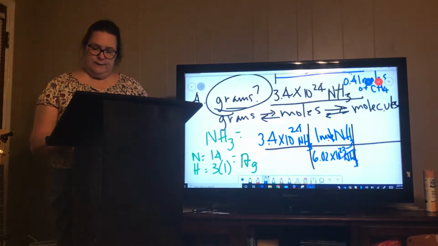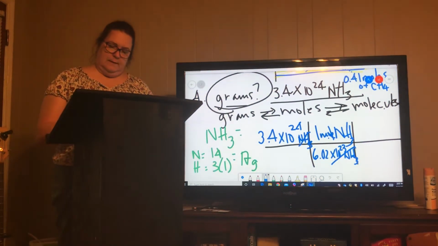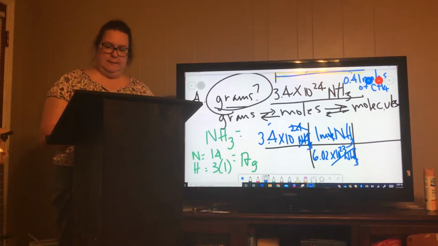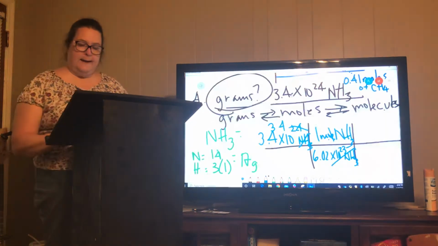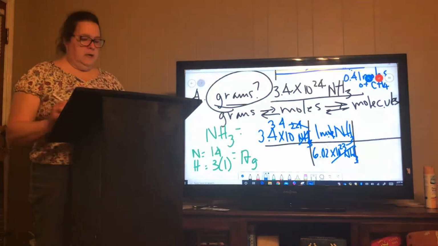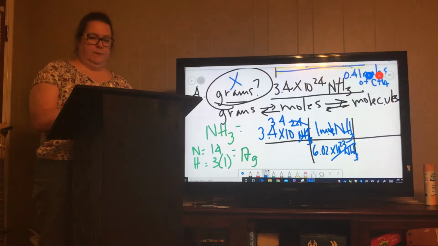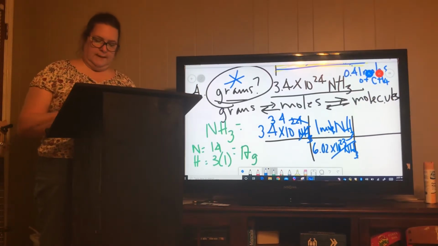Remember, 1 mole is always 6.02 times 10 to the 23rd, no matter what it is. Okay, so that gets rid of this, and it still is moving with the 10, so that's actually now a 34. Okay, now I have moles, and I want to get to, remember, grams. So I can do it that way.